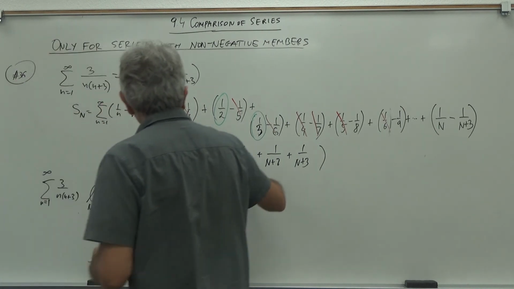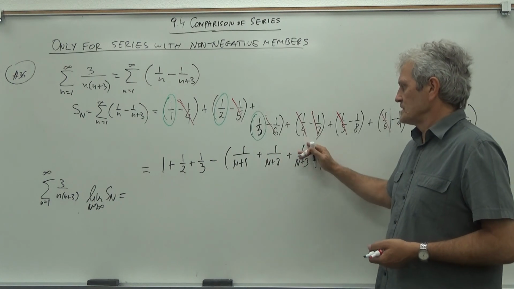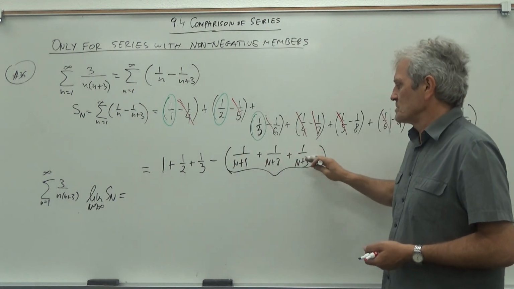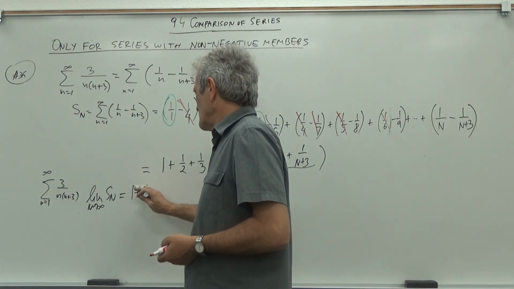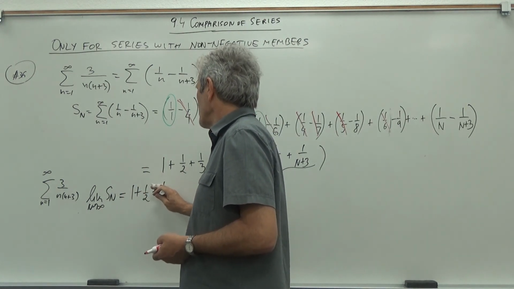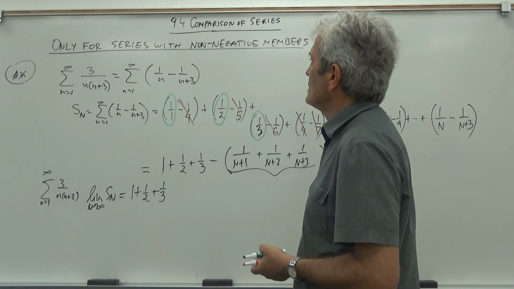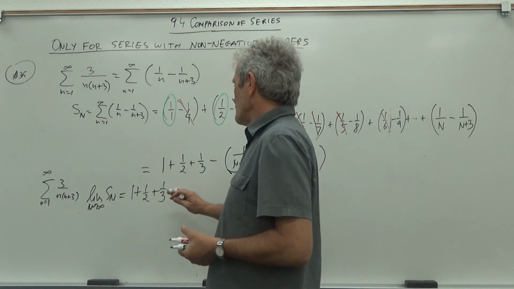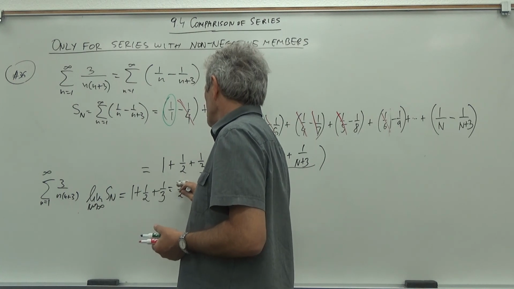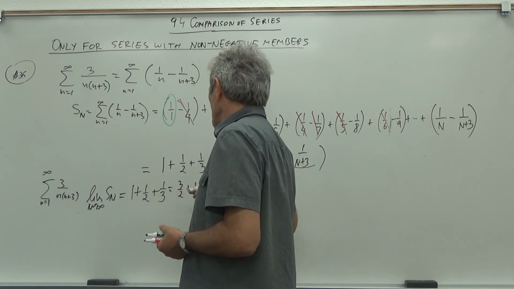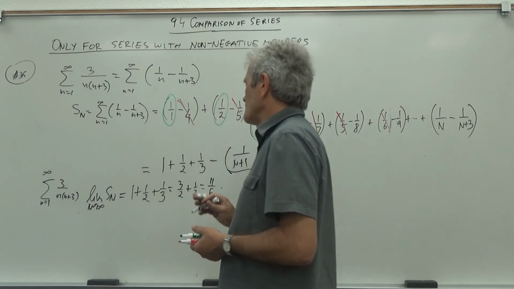What will this limit be? 1 over infinity is 0, so all these 3 terms approach 0. They're very small, so our limit is 1 plus 1/2 plus 1/3, and that would be 3/2 plus 1/3, which is 11 over 6.